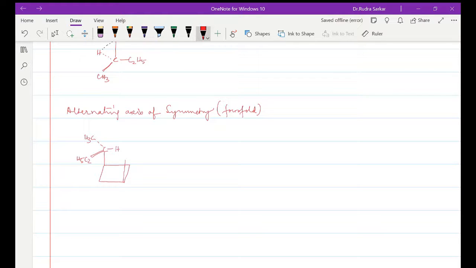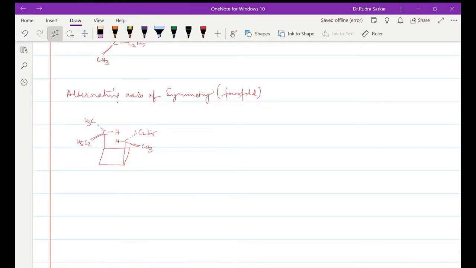So there is a C and then there is a H, there is a CH3, we have a C2H5, and now we have some more asymmetric centers.